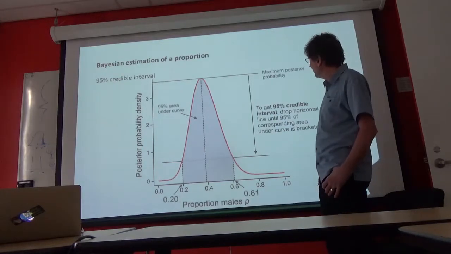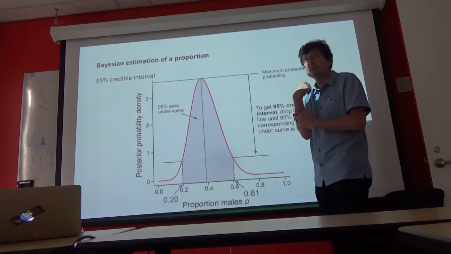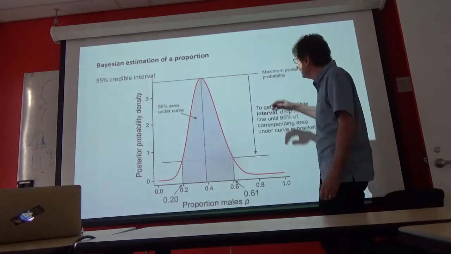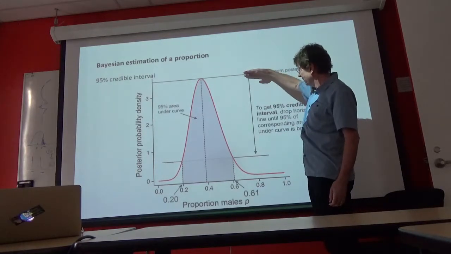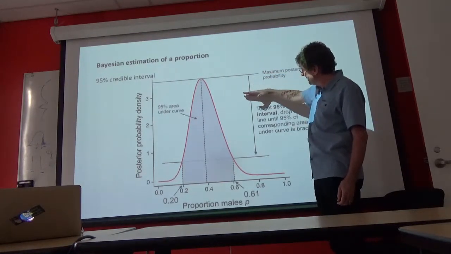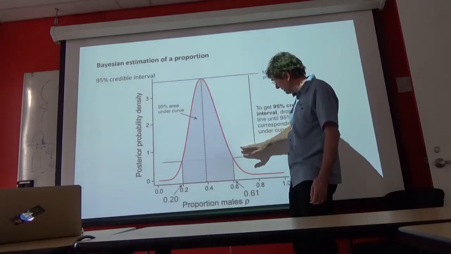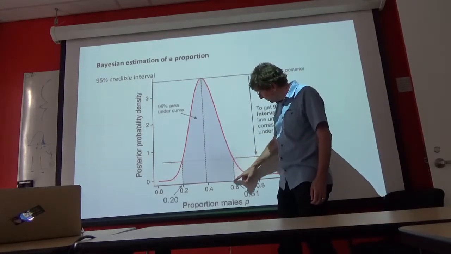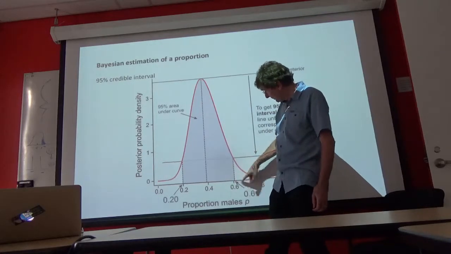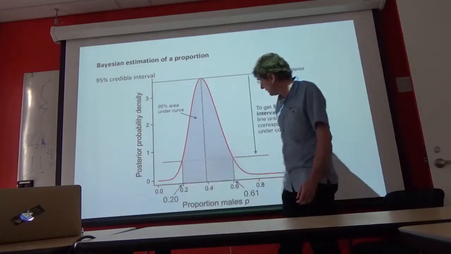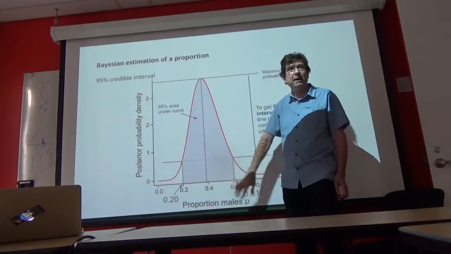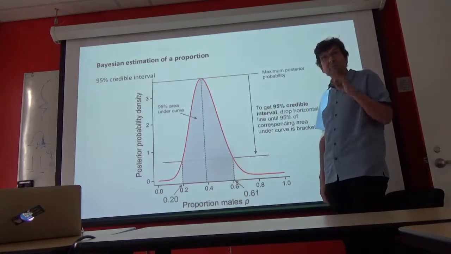And the way to get the equivalent of a 95% confidence interval, here's the maximum posterior probability. So basically just lower this line down, down, down, until you reach a point where between this line drops down to the x-axis and this one includes 95% of the area underneath the posterior probability distribution.